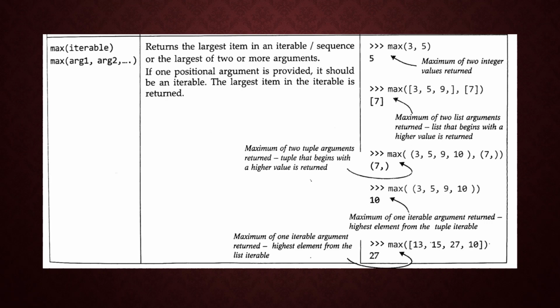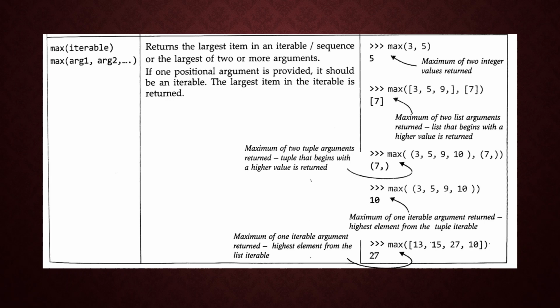The list that begins with a higher value is returned. In the first list the first element is 3, so it will check the second list. Here the first element is 7, so comparing 7 and 3, it will display 7 only. So 7 is the largest one.